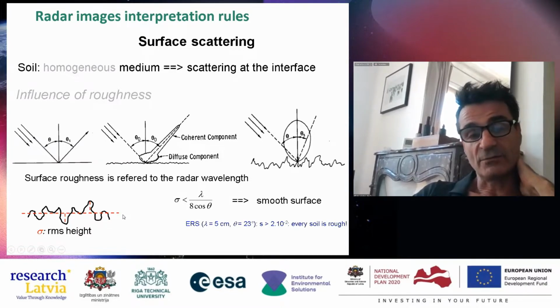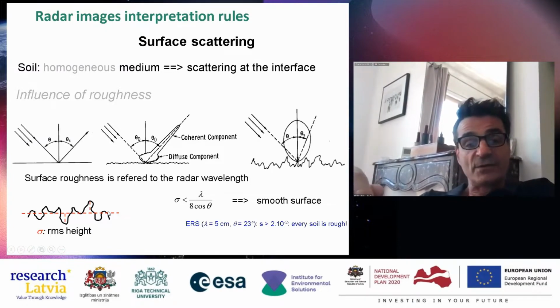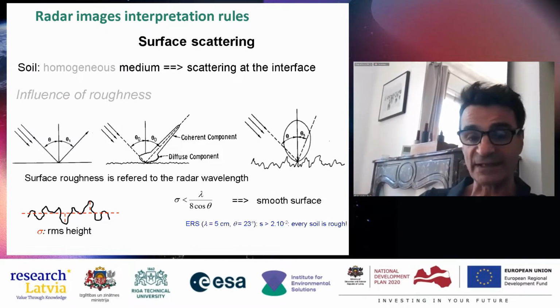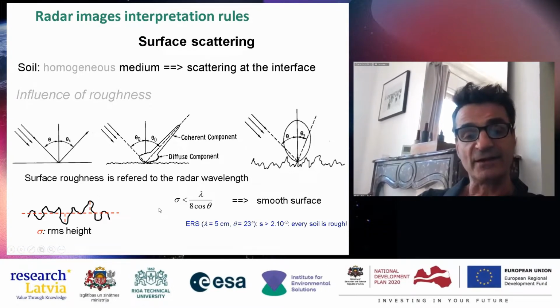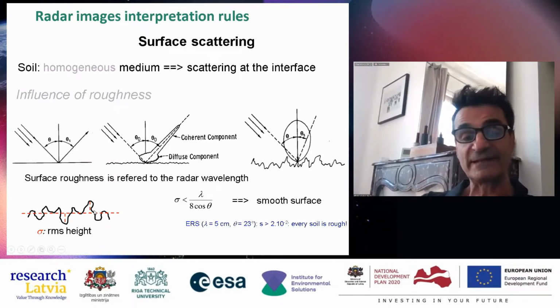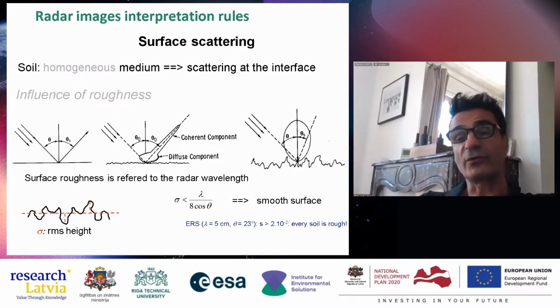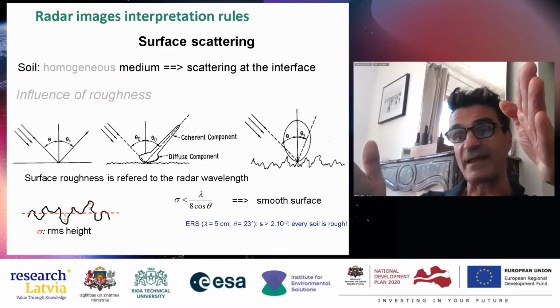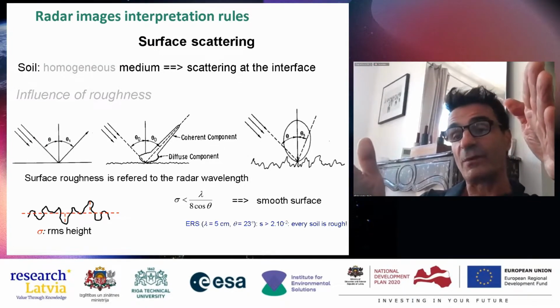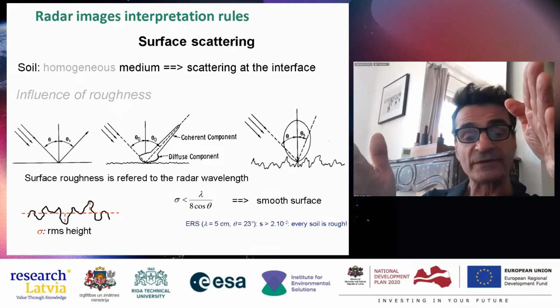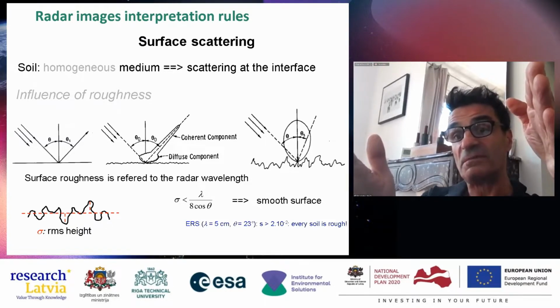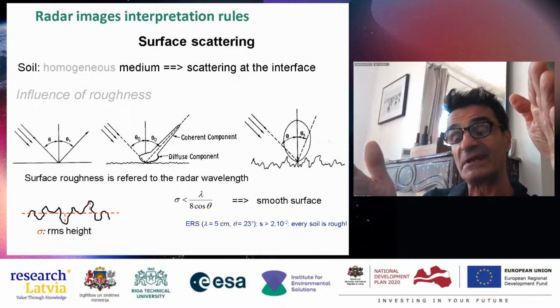Of course, for the surface, you just measure the elevation every centimeter, for example. Then you can measure the average, the mean, and the standard deviation around this average. And so the roughness corresponds to this standard deviation. And the roughness depends on the standard deviation with respect to the wavelength. Of course, if you have 20 centimeters of wavelength, 1 centimeter of standard deviation won't be very rough.